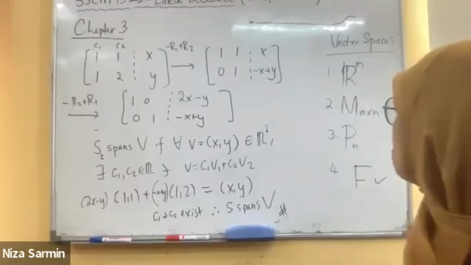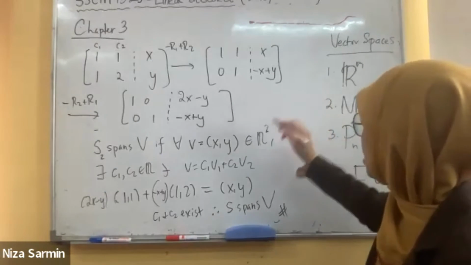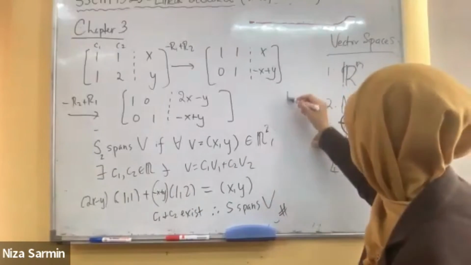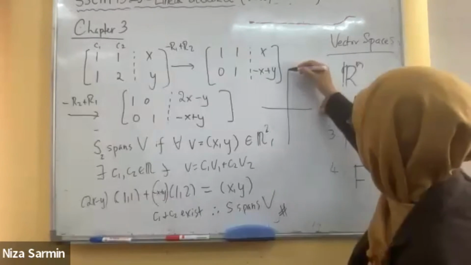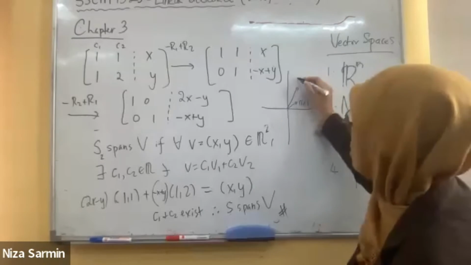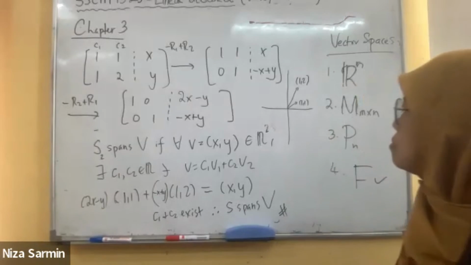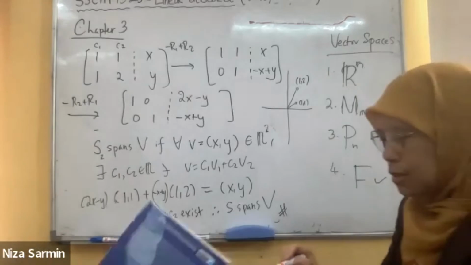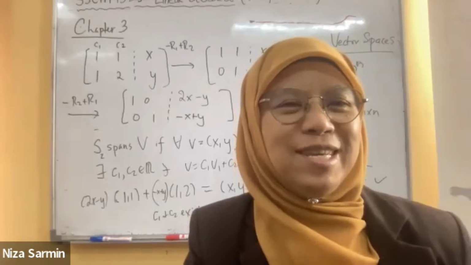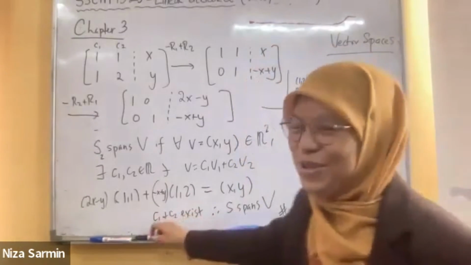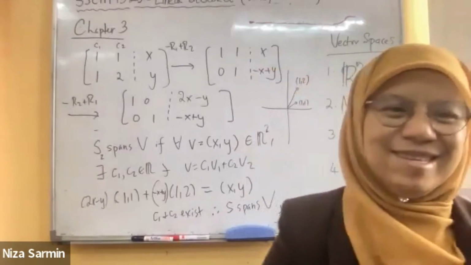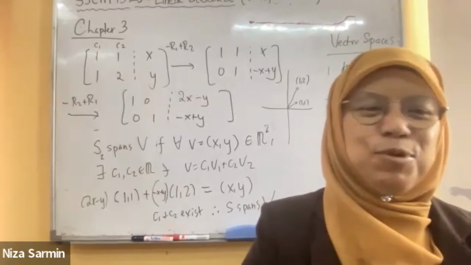It means, for any (x,y) that you give me, let me draw again. This is (1,1), and then (1,2). Okay. Siti Nur Auni, can you give me any pair of numbers? Unmute.